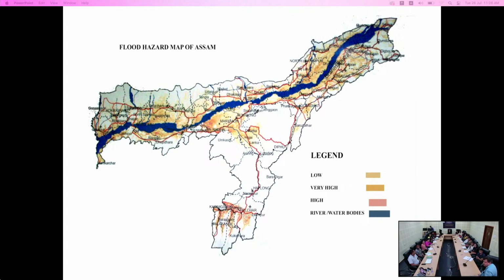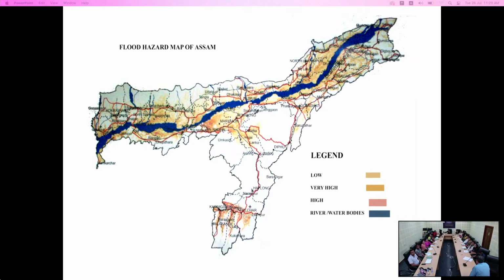Number one, see, this map is not prepared with data of one year. This map is prepared with data of many years. So, you get an average, long term average flood situation, just in one map. And it also tells you that everywhere it is not the same. In some places it is more, some places medium, in some places it is low.